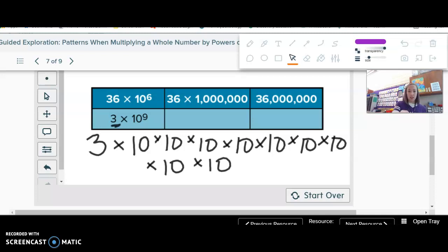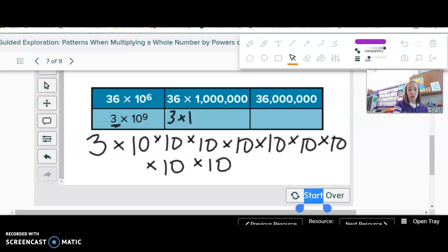Your second line is going to be 3 times 1 with how many zeros? 9 zeros. 6, 7, 8, 9. Sorry, it doesn't fit on my screen or in that little box. Hopefully your line is long enough. It's 1 billion.